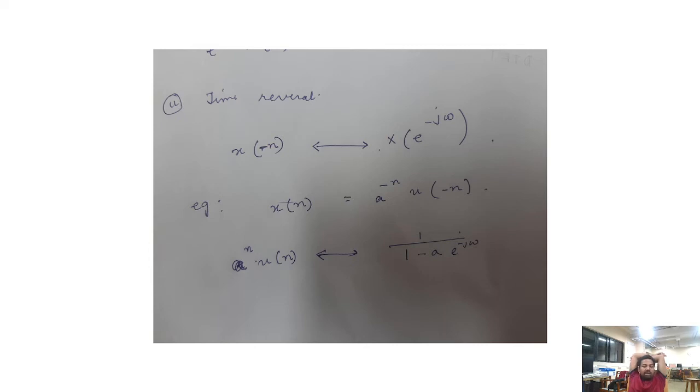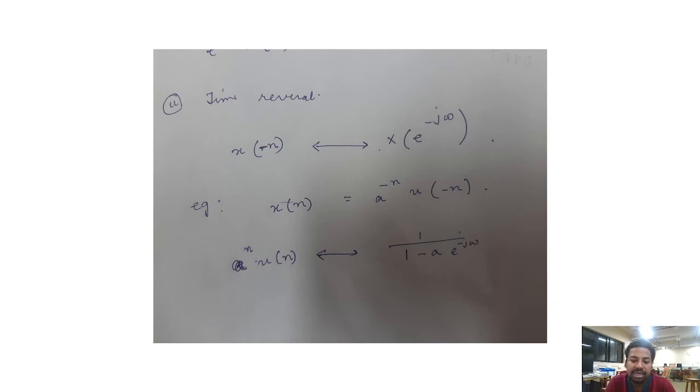Now, if we have a time reversed signal, that is x of minus n, just replace omega with minus omega. So the Fourier transform for this signal is equal to X of e to the power of minus j omega.